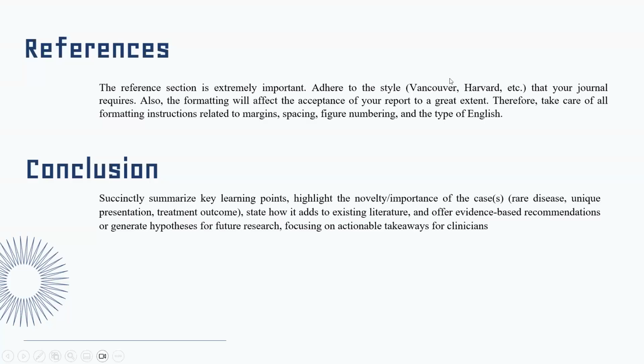So it is important that you adhere to the guidelines that are provided. And in conclusion of your case, you're going to summarize all your key findings and how your case is going to add to the existing literature.